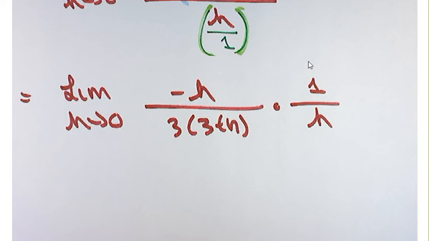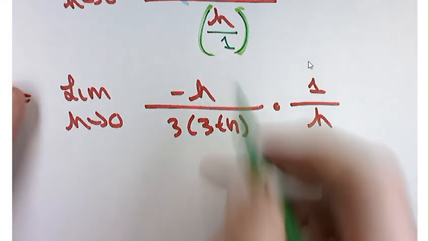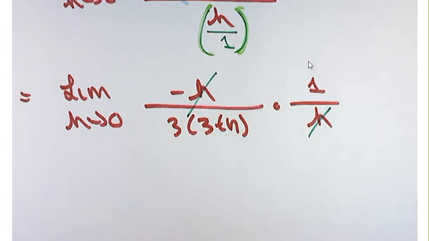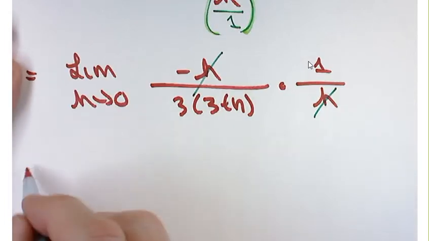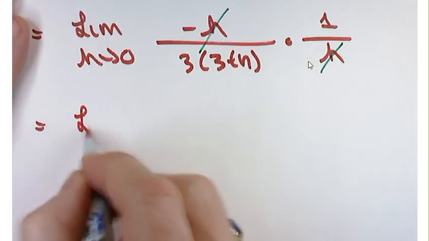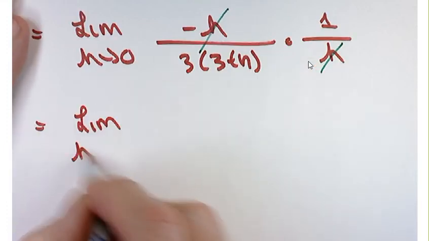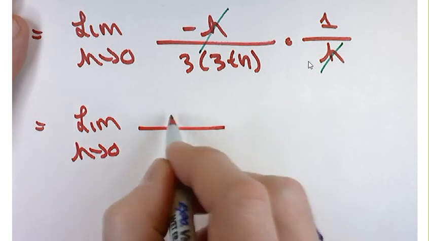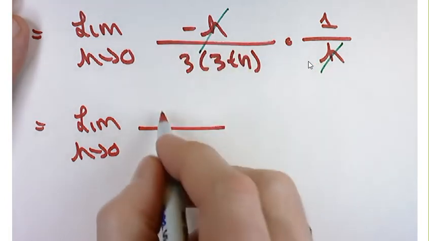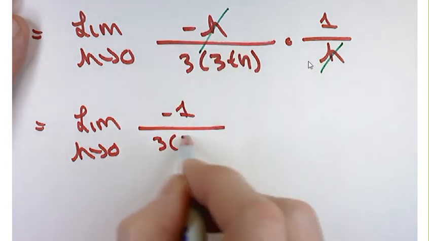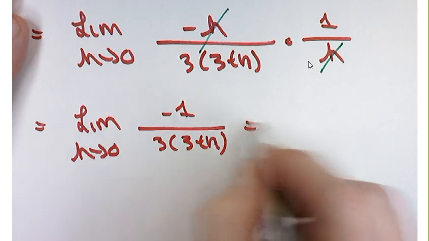And it's not a train, which is good. The h's cancel, right? So then I'm left with the limit as h approaches 0. The negative didn't go anywhere, so I'll have negative 1 over 3 times 3 plus h.